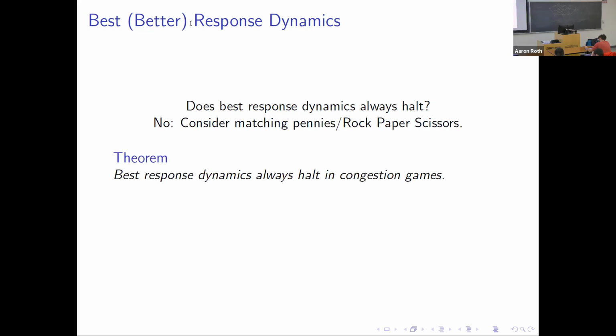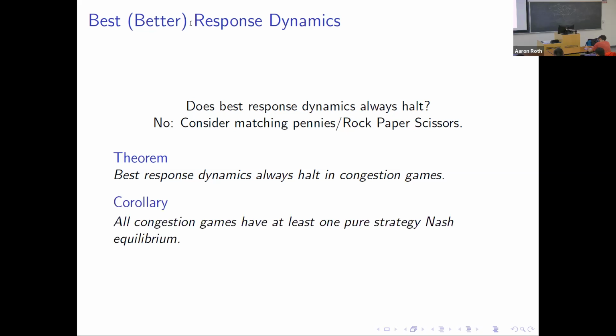But a corollary of this fact that's going to come out of the analysis of algorithms is a structural theorem about this class of games. It means in particular that if best response dynamics always halts in congestion games, then every congestion game has at least one pure strategy Nash equilibrium. This is not an obvious structural theorem.